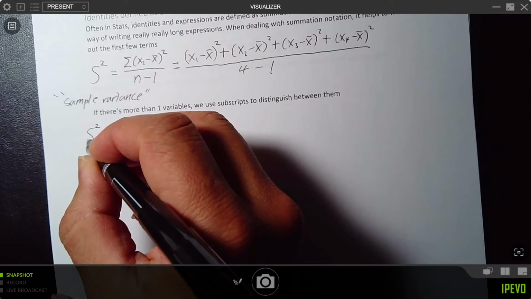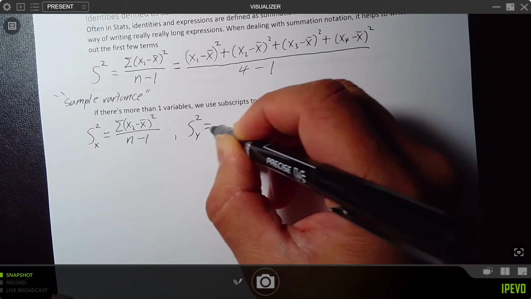So sample variance of x, s squared of x, will be the summation of xi minus x bar squared over n minus 1. If I write s squared of y, then naturally it will be yi minus y bar squared over n minus 1.